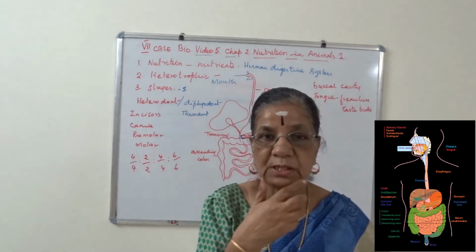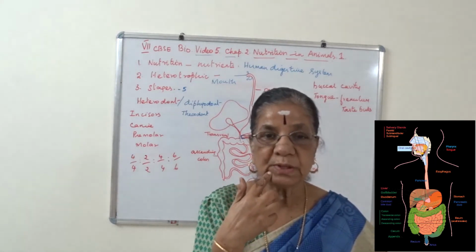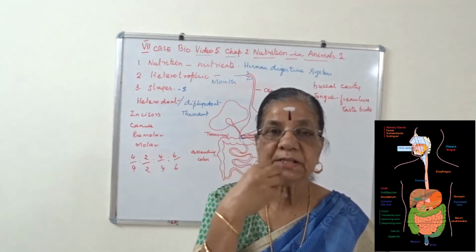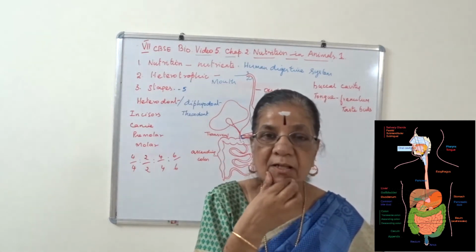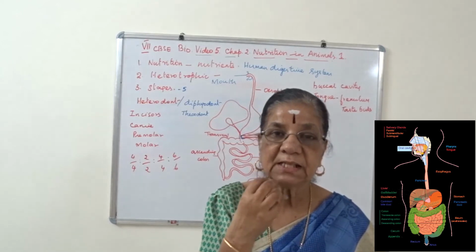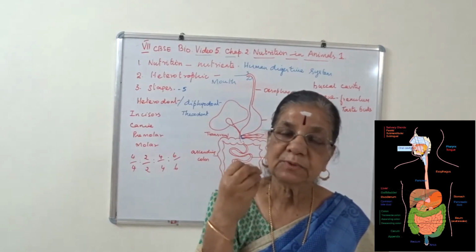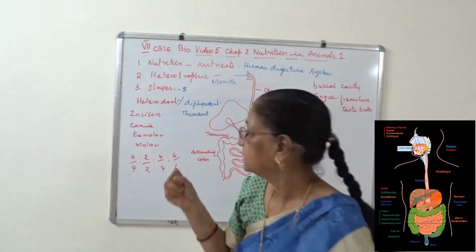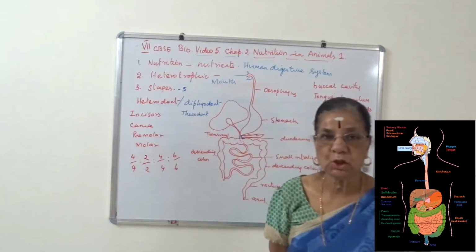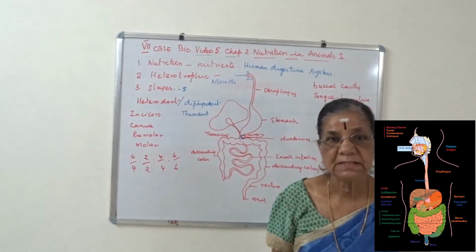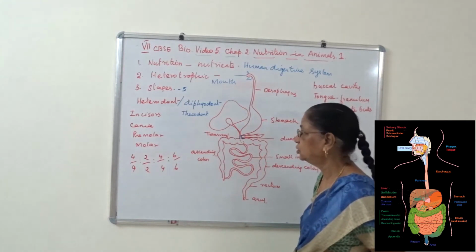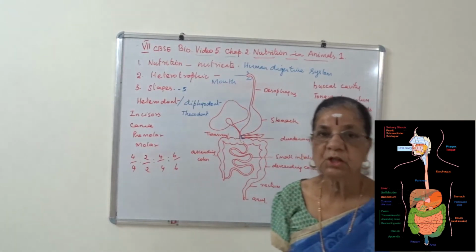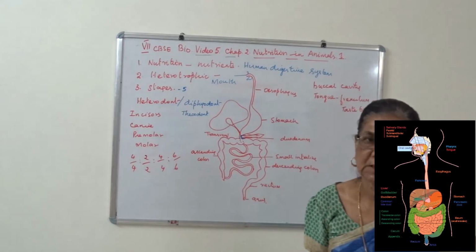We have put in gum, as we say in Tamil; inside that gum the tooth is embedded. So that gum is where the teeth are fitted in. That is known as thecodont. I hope you understand. So this is diphyodont, thecodont and heterodont. We come across these terms.